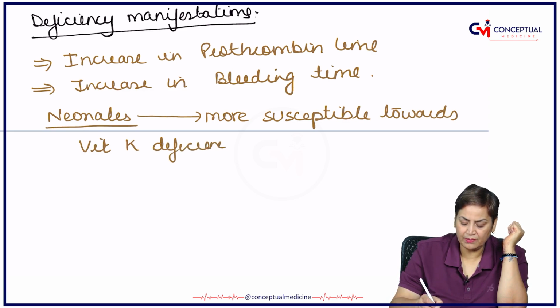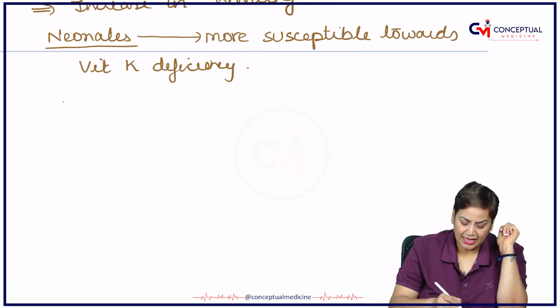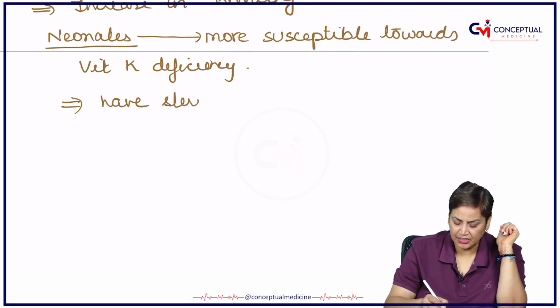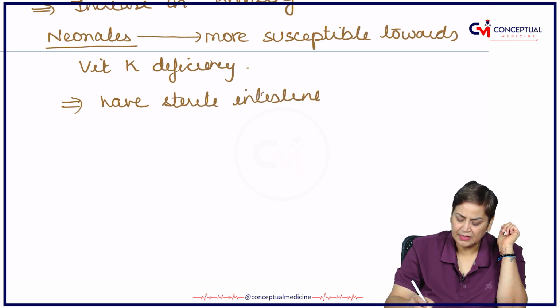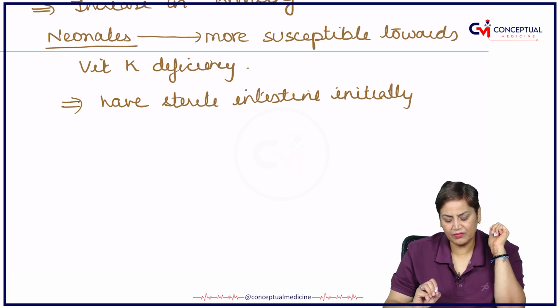of 2 to 3 main factors. I told you that vitamin K is synthesized by the intestinal flora. So they have a kind of sterile intestine initially, not enough to synthesize vitamin K. This is one very important feature.